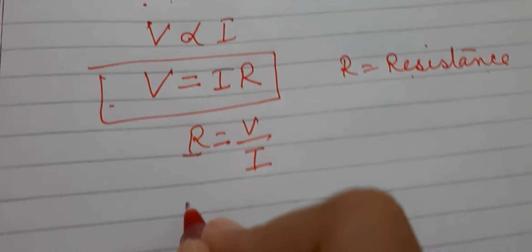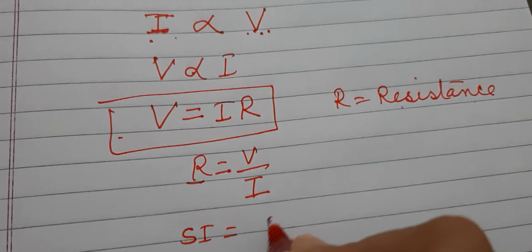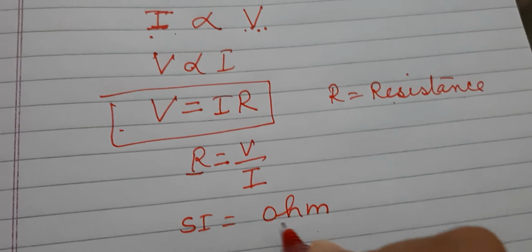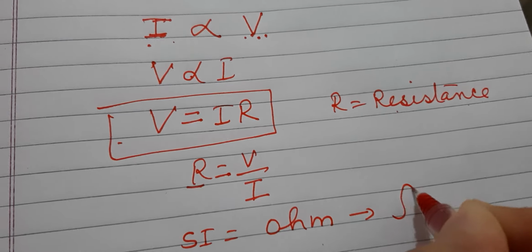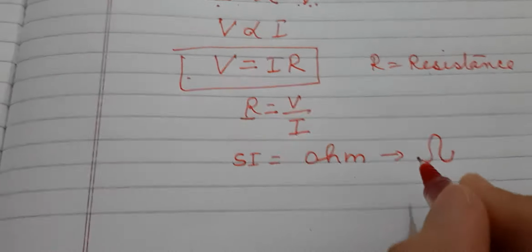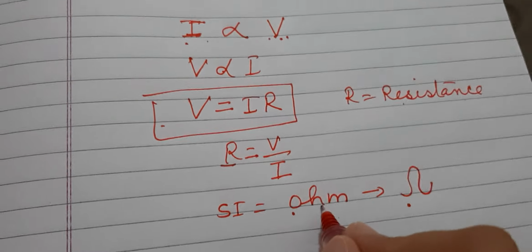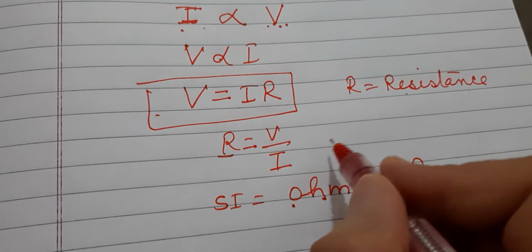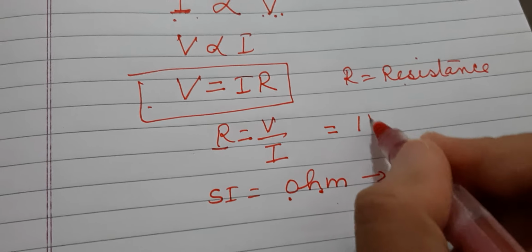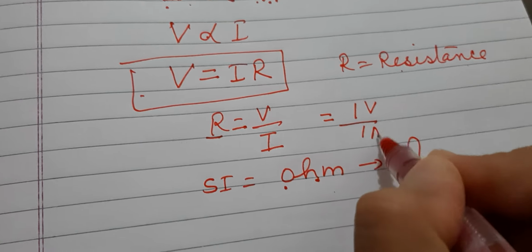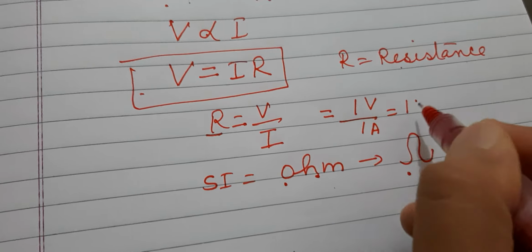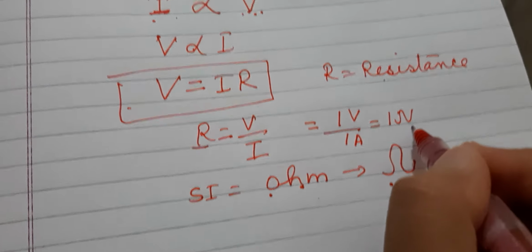Now the SI unit of resistance is ohm, which is denoted by this symbol. This is the symbol for ohm. Now if we want to give the definition of 1 ohm, 1 volt upon 1 ampere is equal to 1 ohm. So how do we define 1 ohm?